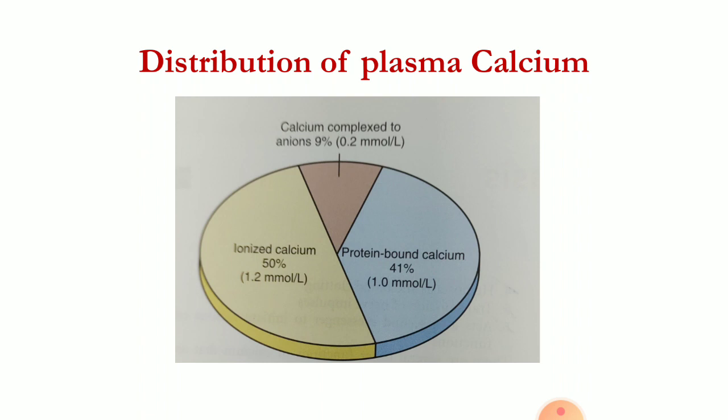And the remaining 50% of plasma calcium is in the form of ionized calcium, which is diffusible as well as free. This ionized calcium is basically the regulator of secretion of different calcitropic hormones, which in turn readjust the calcium levels of the body.